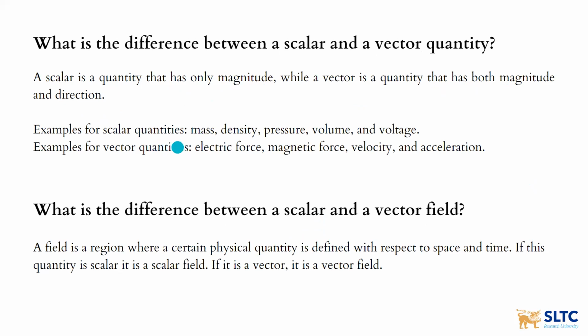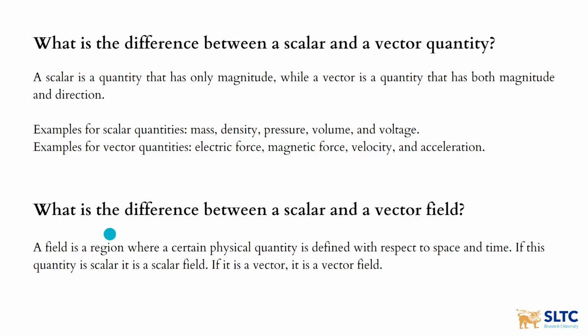Examples of scalar quantities are mass, density, pressure, volume, voltage, and so on. Examples of vector quantities are electric force, magnetic force, velocity, acceleration, and so on.